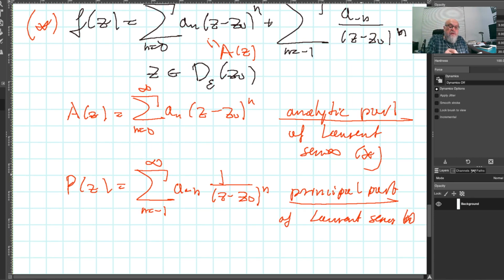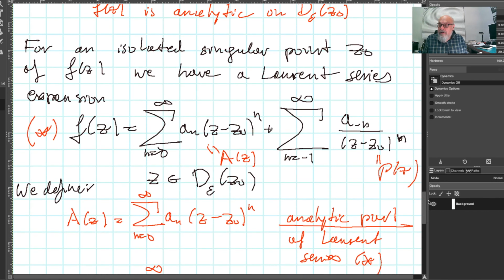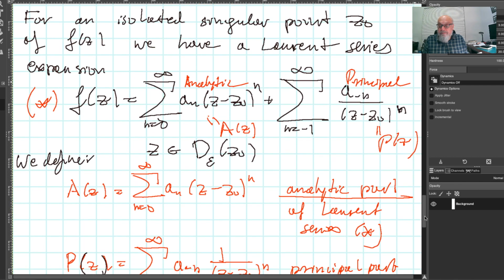So we define this as the principal part. And as you notice, principal part sounds already like it has kind of more importance. So we have here, this is P of z, the principal part. This is analytic, this is principal. Very good.